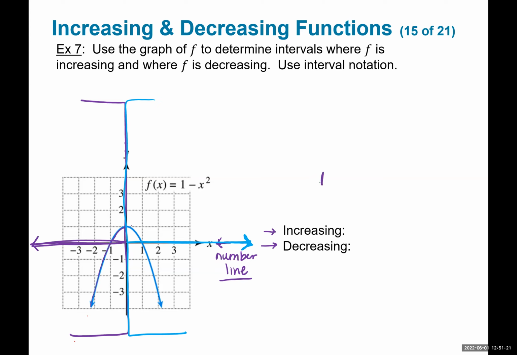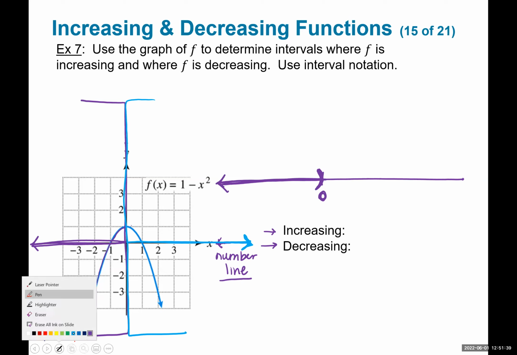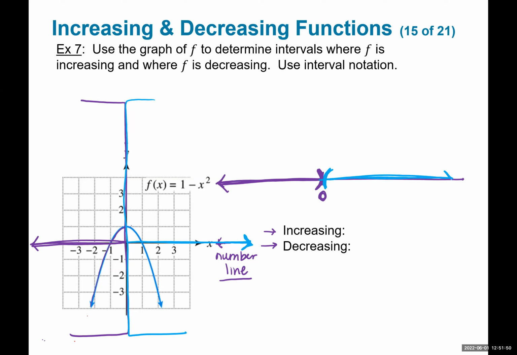So if I just drew the number line for the x-axis, I will be decreasing from 0 that way. And I am increasing from negative infinity to 0 and decreasing from 0 onward.